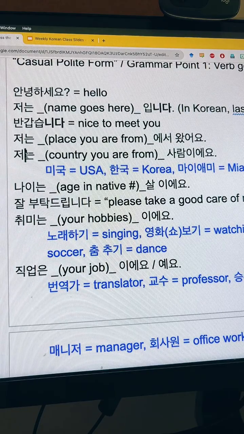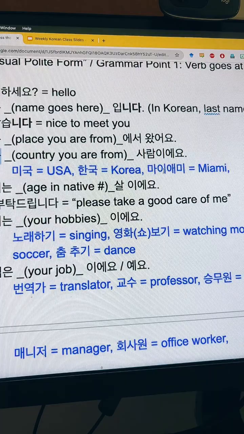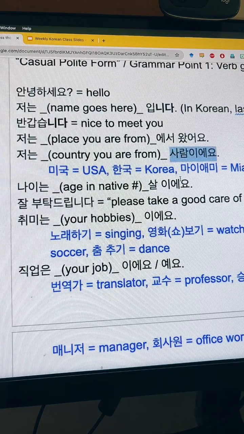Or 저는 미국 사람이에요. 저는 한국 사람이에요. 저는 마이애미 사람이에요.